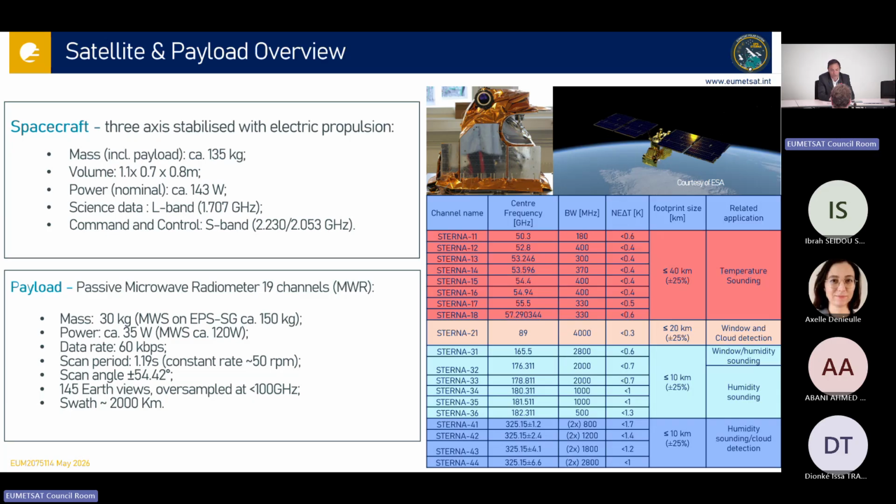And a novelty also here is the 325 gigahertz channel, which will allow not only humidity sounding capability, but also detection of cloud properties and ice.